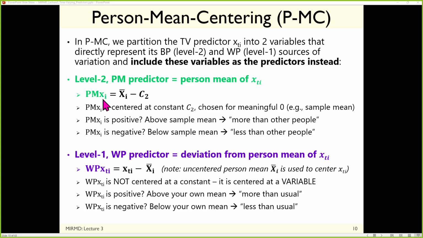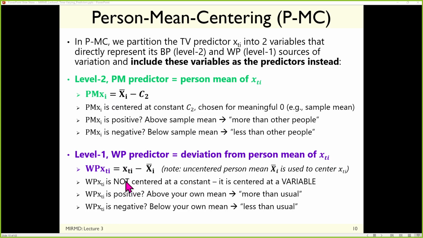And so the variable that goes into the model then is this centered person mean. So PMXi is the shortcut notation I'm using for that. So if the constant that we chose for this was the sample mean, then people who had positive values on this PMX variable would be higher than other people, and people with negative values would be lower. So not different than what you're used to thinking about and what we did yesterday with time-invariant predictors.